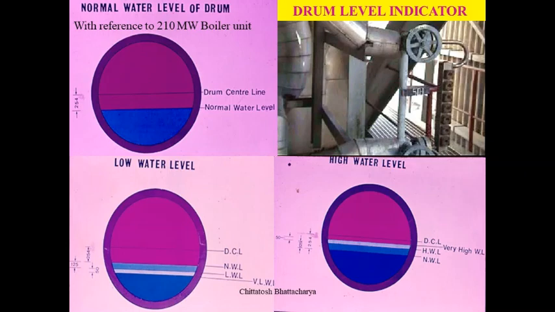For ascertaining the drum level, we have gauge glasses as a local indicator. It is connected to the steam space and water space, so we get the level of water within the drum from the gauge glasses.